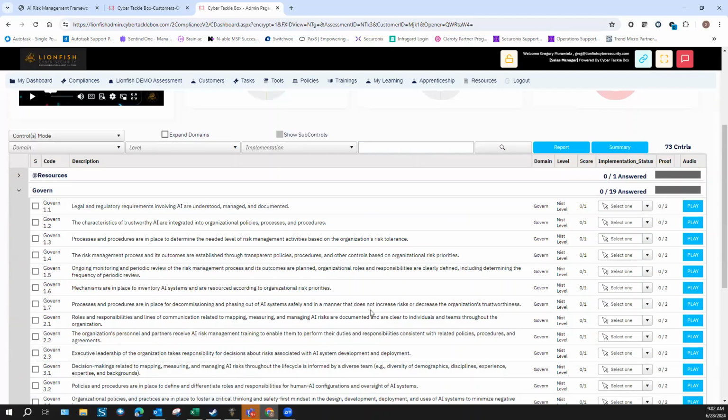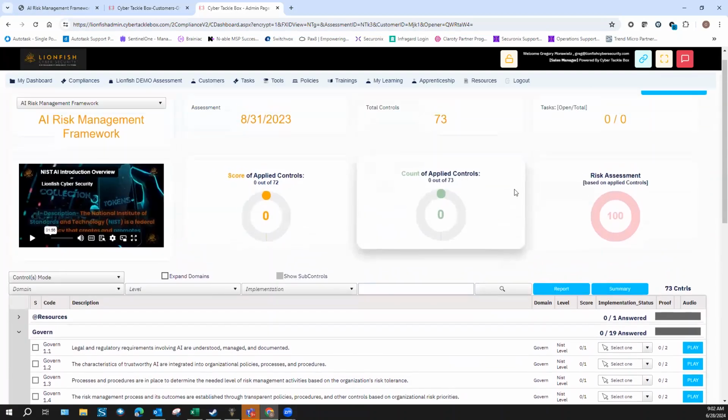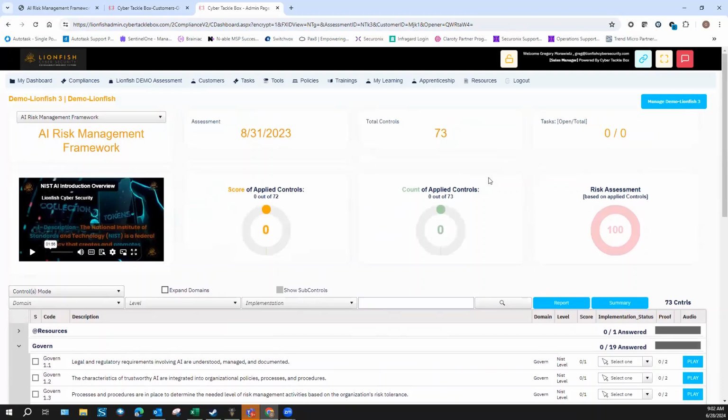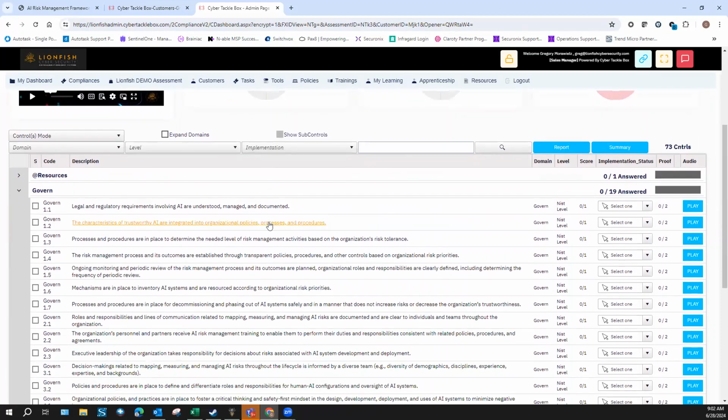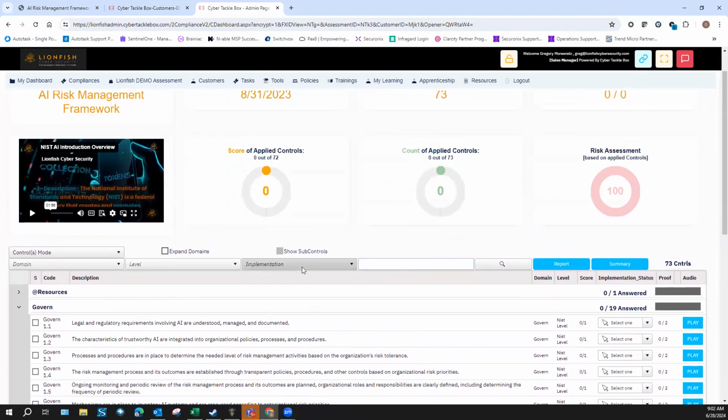You can share the controls with other parties like your board of directors or your colleagues. And you can also use this as a tool that will help you achieve compliance and then maintain compliance by having updates and checks against these controls.